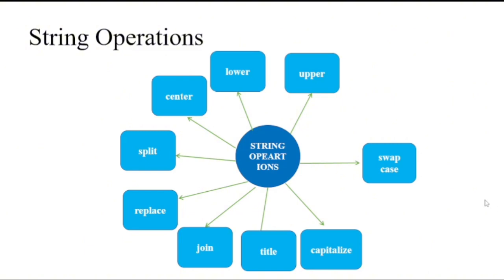Maybe, for example, I have string 1, let me say "py", and string 2, I add "ke". So I will use the join method to join these two strings. That is the join string operation.